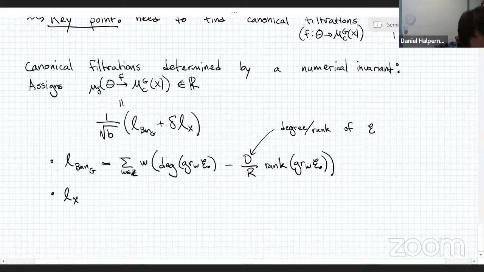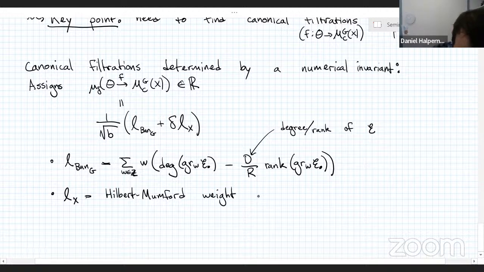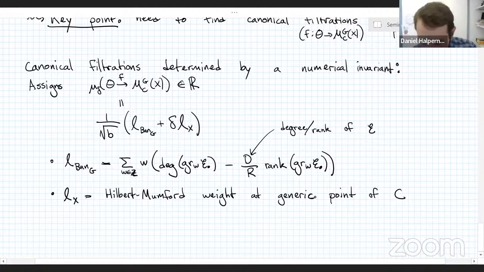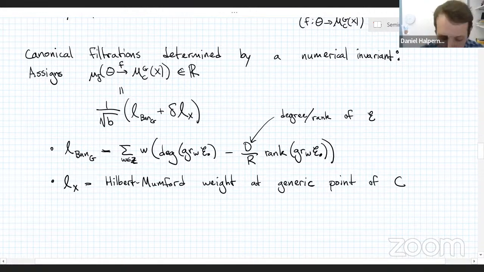The other piece of this, I'll say this is the Hilbert-Mumford weight at the generic point of C. So basically, this comes from the GIT parameter.